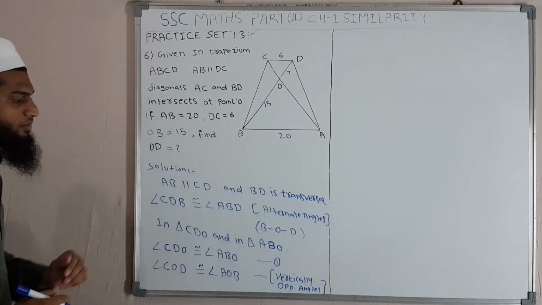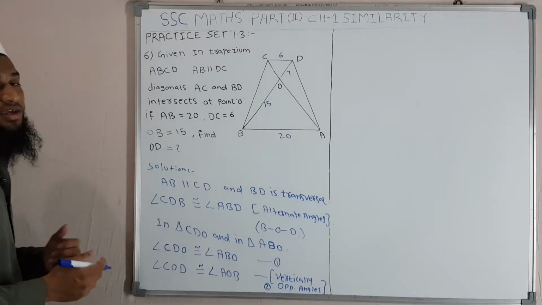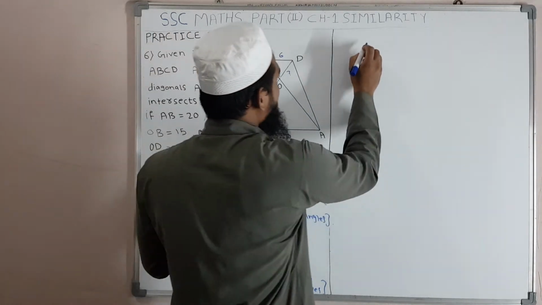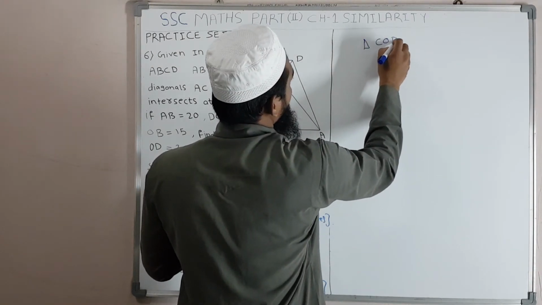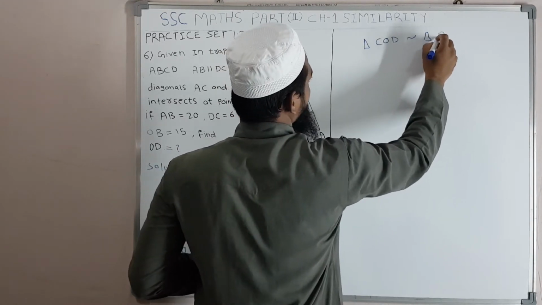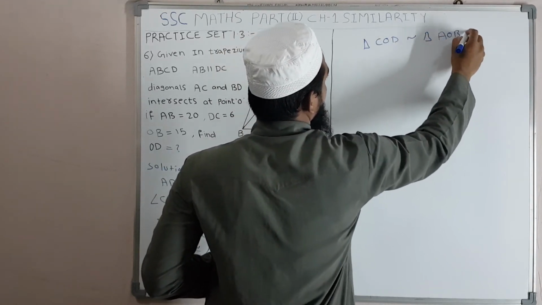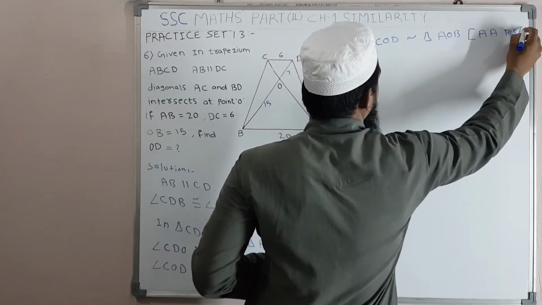If we give it as equation number 2, from 1 and 2 we can say that triangle COD is similar to triangle AOB by the angle test.